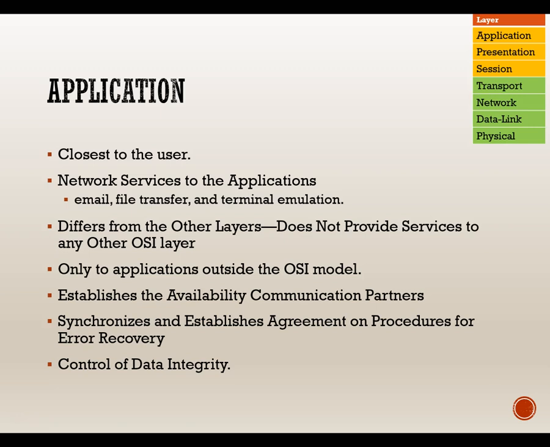It establishes the availability of communication partners, synchronizes and establishes agreement on procedures, and I want to underline this one because I've seen it in other places: procedures for error recovery and control of data integrity.